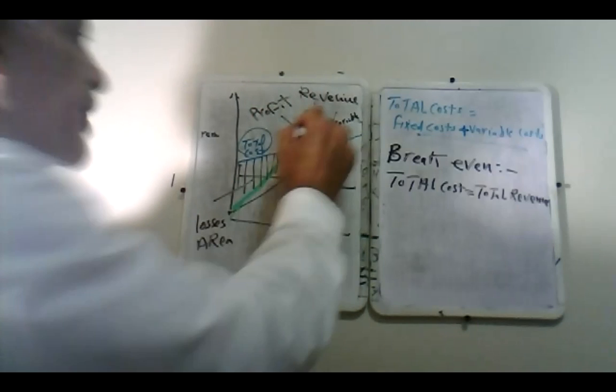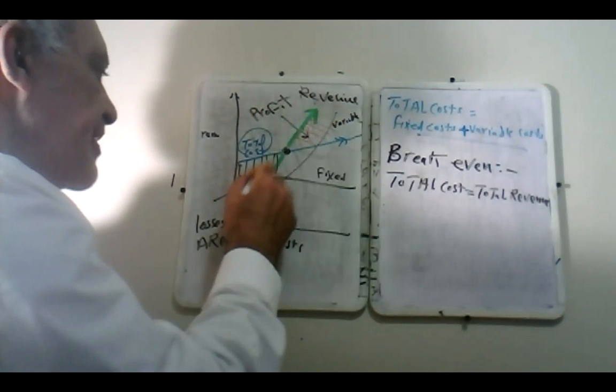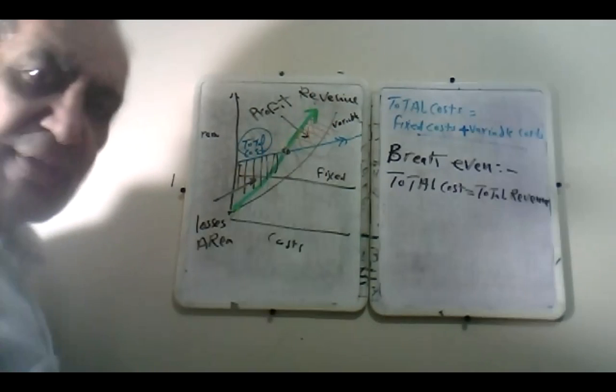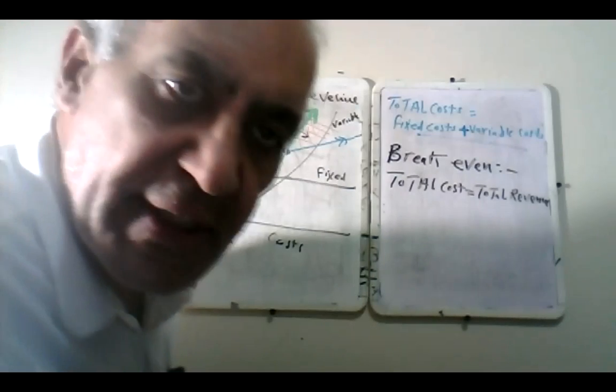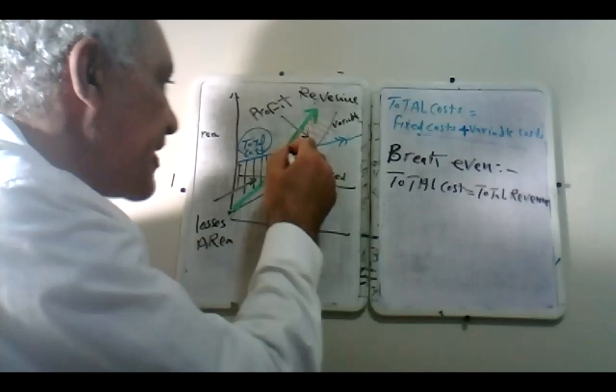So we have an area of losses before the break-even point, and we have a profit zone, which is the area of profits after the break-even point.